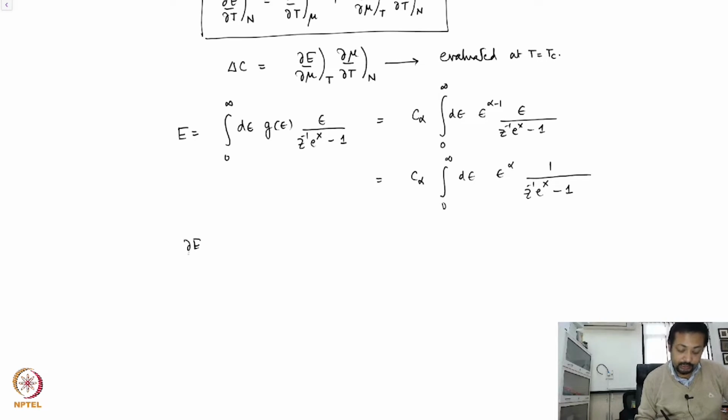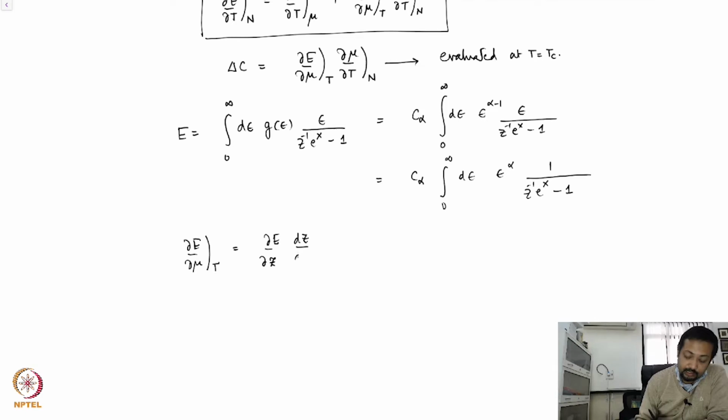So that del E del mu, temperature held constant, I note that is going to be del E del z times dz d mu, and since z is equal to e to the power beta mu, dz d mu is going to be e to the power beta mu times beta.